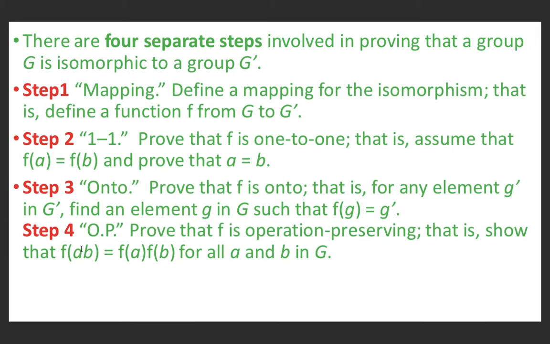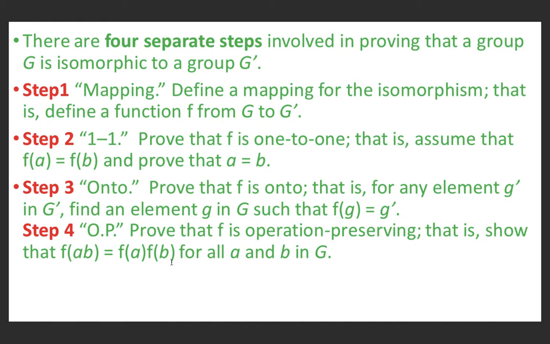And in the last step, we prove that f is operation preserving. That is, we show that f(ab) is equal to f(a) f(b). And remember that the operation on the left hand side is that of group G and the operation on the right hand side is that of group G', as we discussed in the previous table.